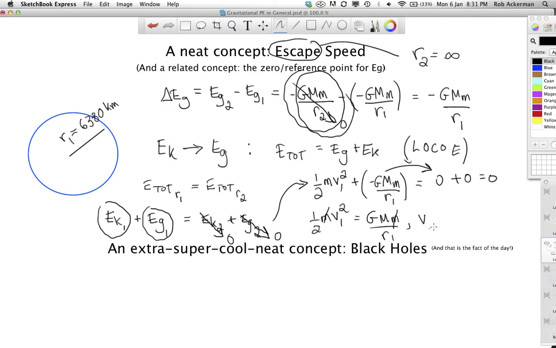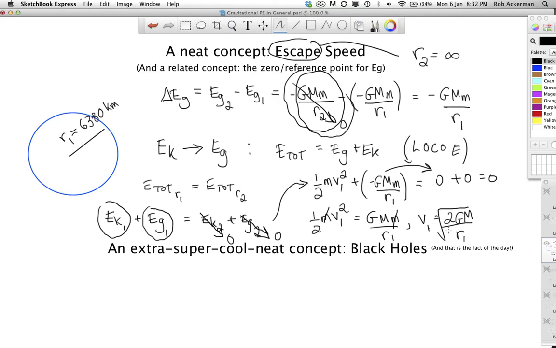v1, the speed you need when you launch or shortly after launch, is going to be the square root of 2 times the gravitational constant times the mass of the planet divided by its radius, which was r1, and we have to take a square root because we had v squared there. And this is the formula.